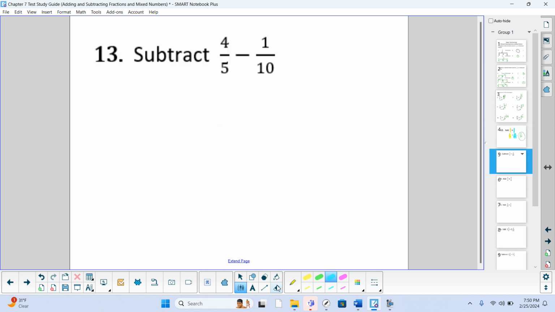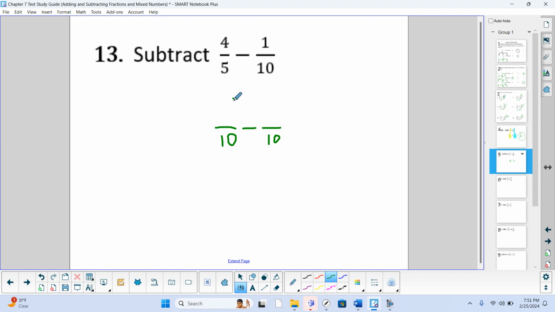Next question. We have 4/5 minus 1/10. We're subtracting. So the common denominator would be 10. So something over 10 minus something over 10. Well, 4/5 is equal to, times 2 in the denominator, 5 times 2 is 10.